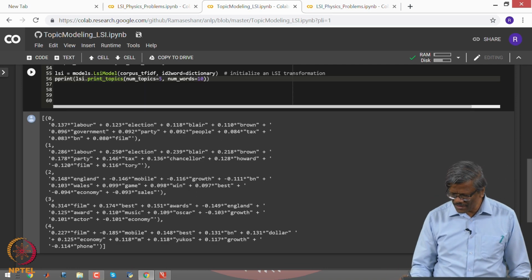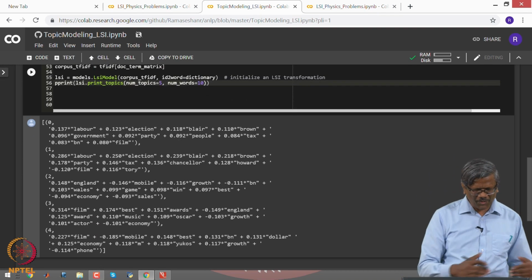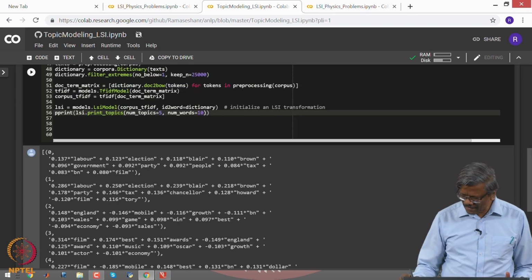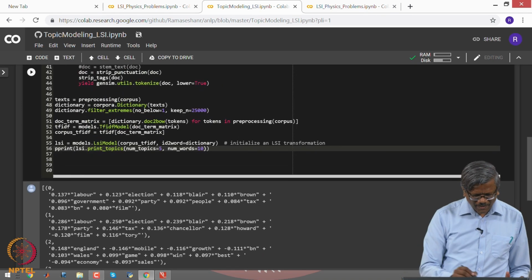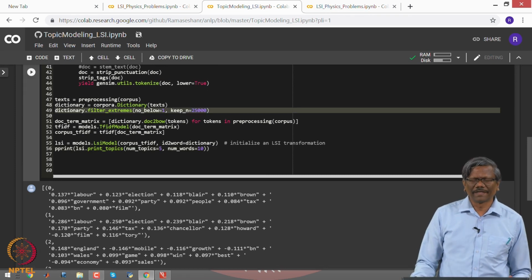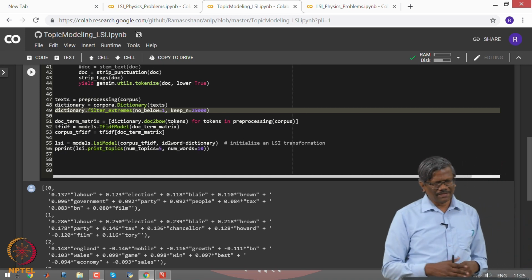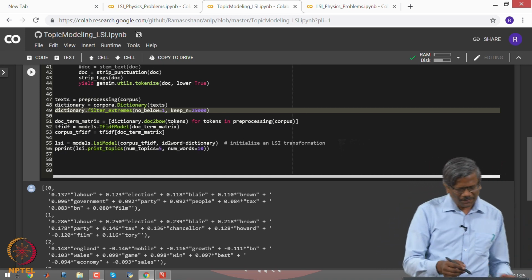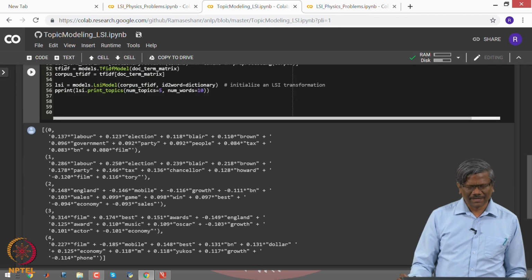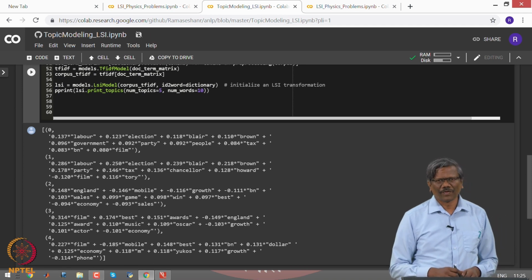So, by reducing the number, we can see the words that are contributing to that. By changing the values here, instead of keeping 25,000, keep only about 10,000 and then see how it does. By fine tuning this, you will be able to get to some optimal class for the given data that you have provided.